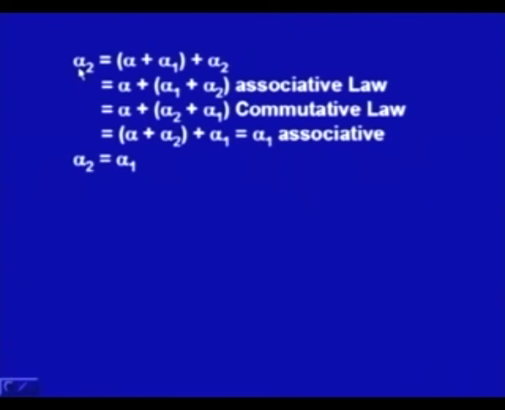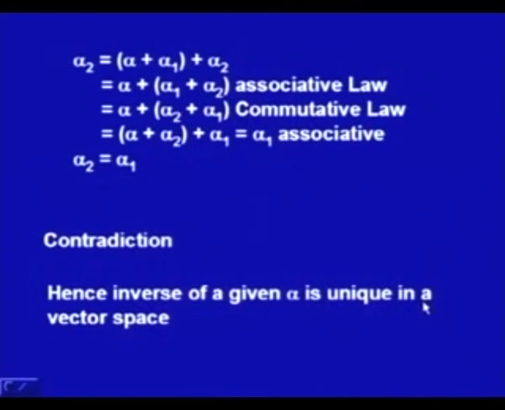So, I have started with alpha 2 and I have arrived at alpha 1. What does it mean? It means alpha 2 is equal to alpha 1, but this is a contradiction. That simply means it is not possible to have two different additive inverses for a given element in V, and that means the inverse of a given alpha in V is unique. So, for a vector space we will have a unique inverse for a given vector.